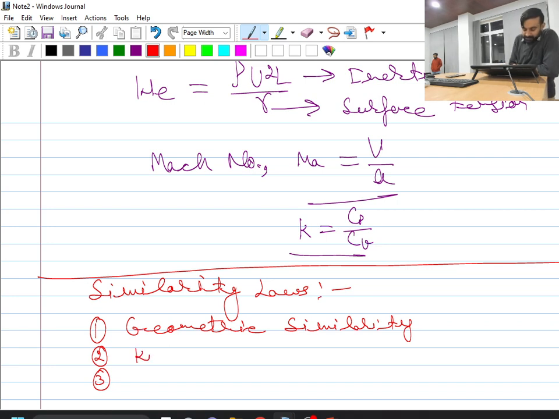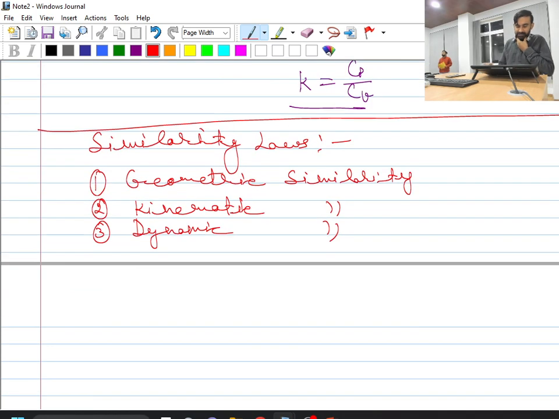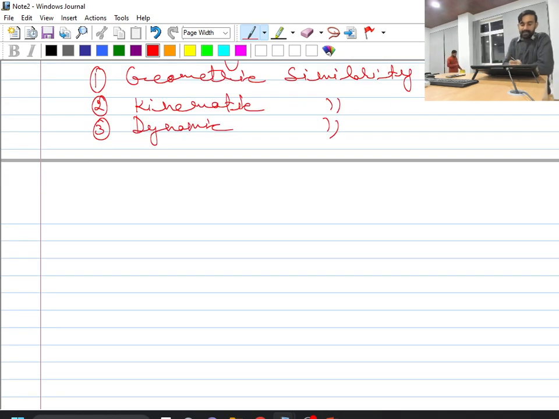The second condition is kinematic similarity, and the third condition is dynamic similarity. So first I will talk about geometric similarity.